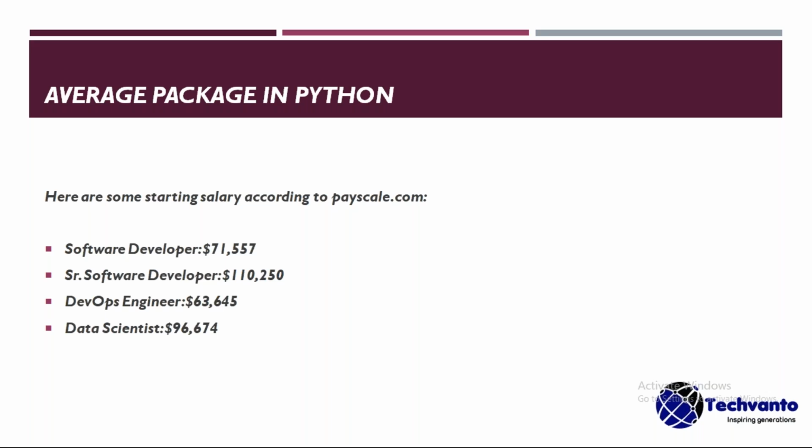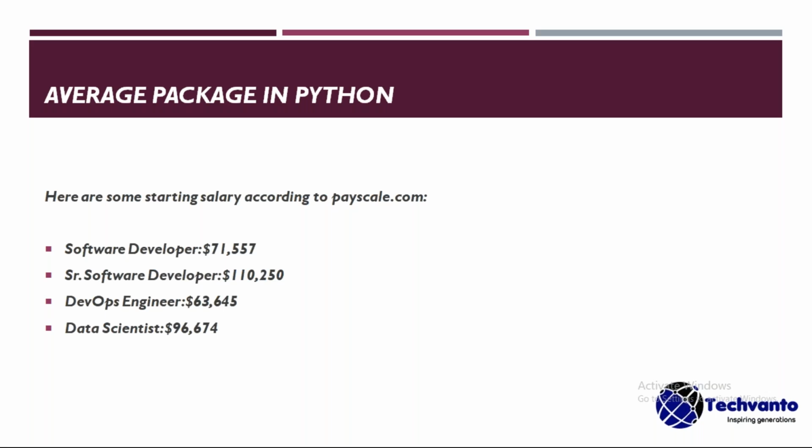They are providing $63,645. Coming to the data scientist, if you want to become a data scientist, you have to do a lot of work, like learning Python programming, artificial intelligence, and machine learning. You can choose any programming language, but if you choose Python, it is very easy.